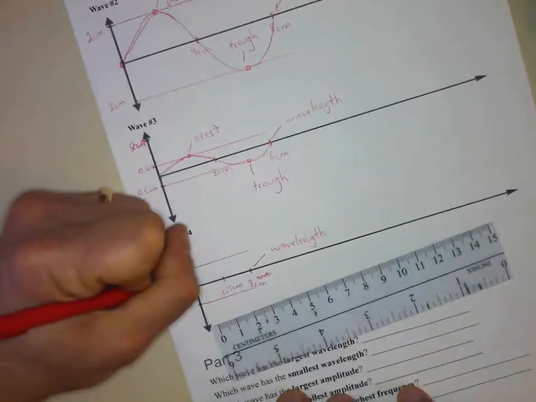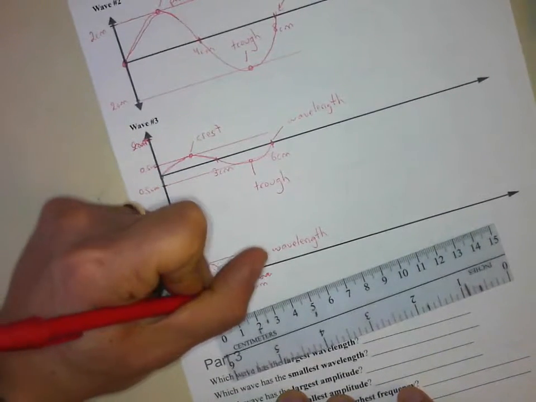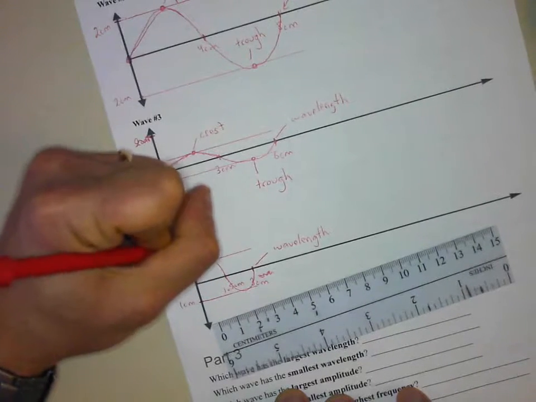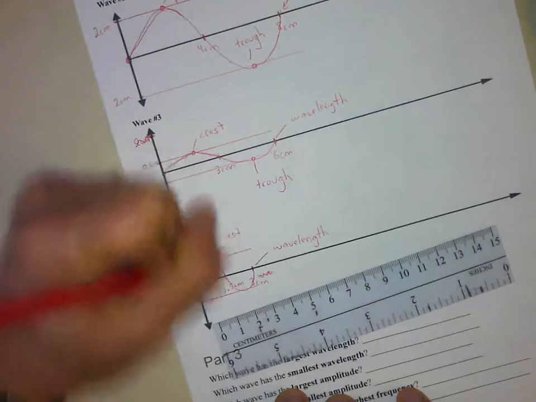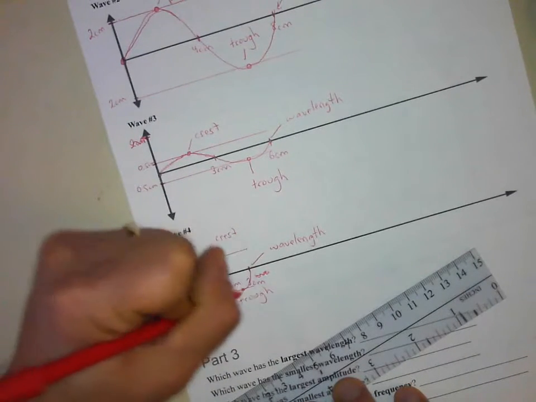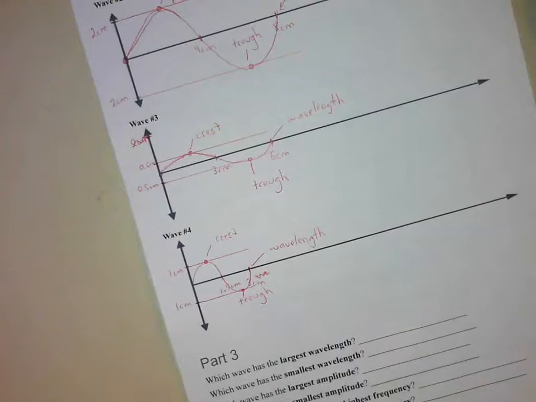And I'm going to go up, down, back. Okay? This is the crest. This is the trough. Okay?